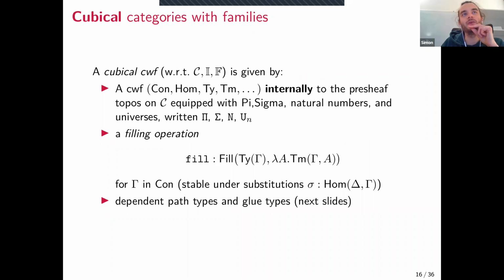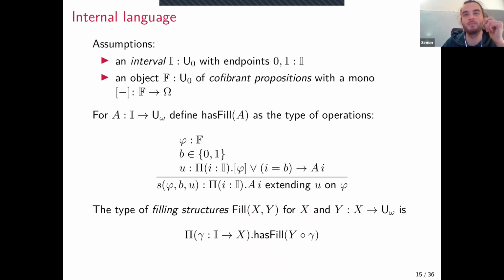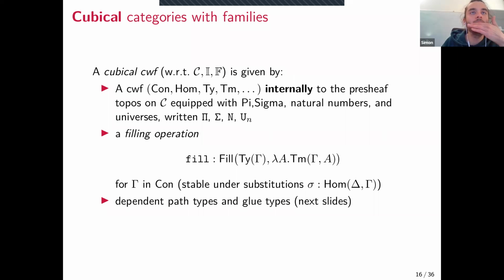Good. So this is the first assumption. We have a CWF, but internal to this presheaf topos, and we have a filling operation. I defined this on the previous slide. What is the type of filling structure? This is with respect to these parameters I and F. I require that I have an operation where I have a filling structure on this type here.